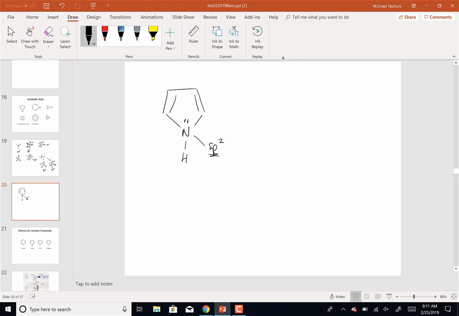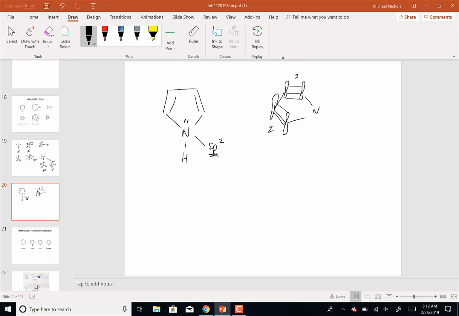And then what about the lone pair? Well, if I draw that structure out, kind of trying to draw it sideways, here are the p orbitals of our double bonds, right? So there's 2 pi electrons, there's another 2 pi electrons, so I've got 4.